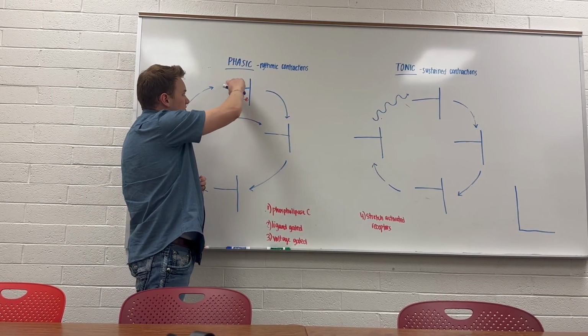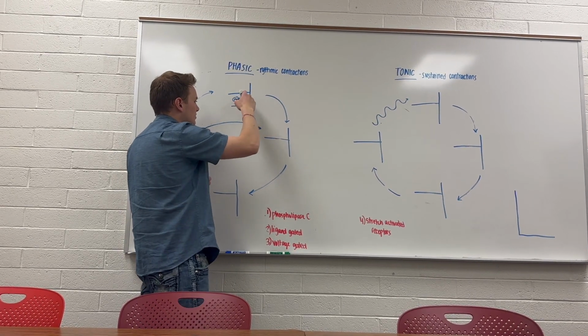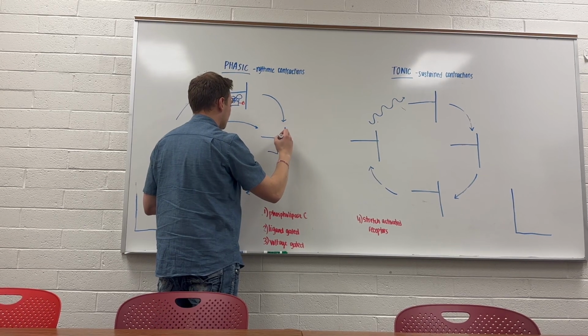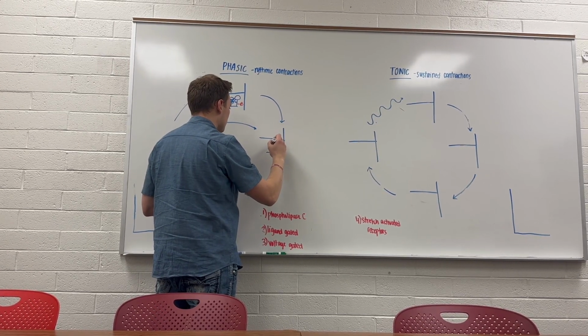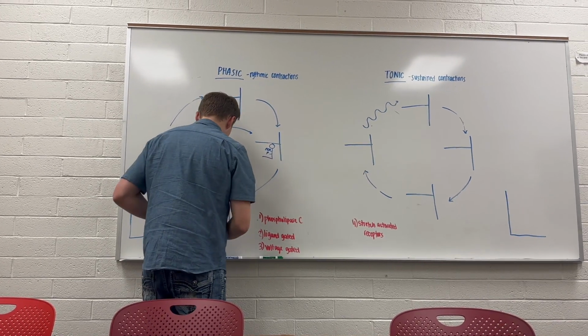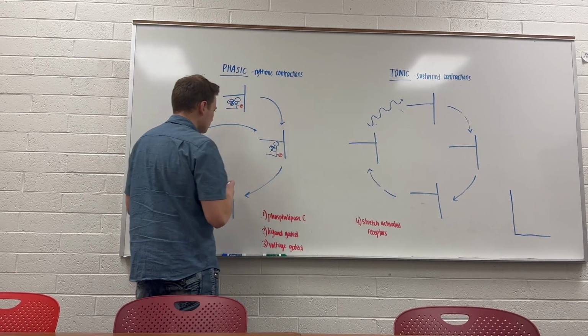So when it gets phosphorylated, the myosin head is going to form the cross bridge with our actin, and at that point in time, we still have our ADP, and we still have our phosphorus, and we still have the other phosphorus, the brand new phosphorus.